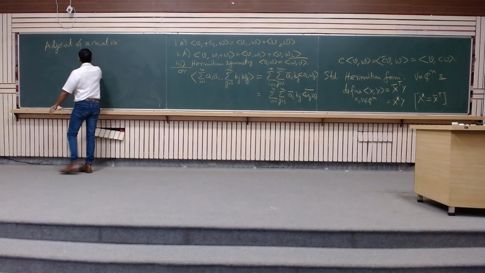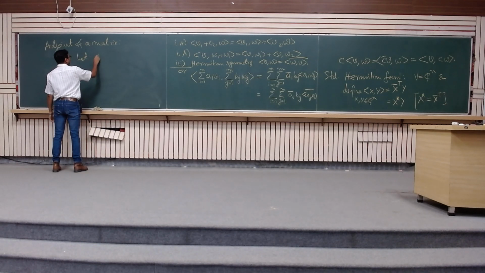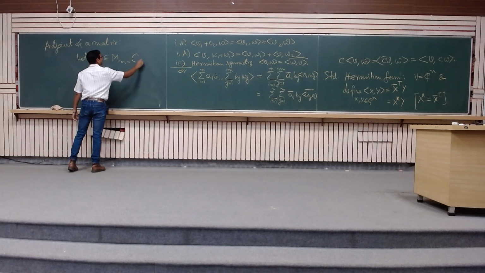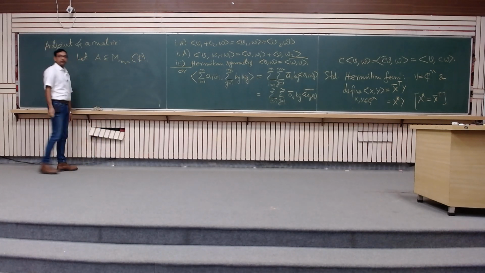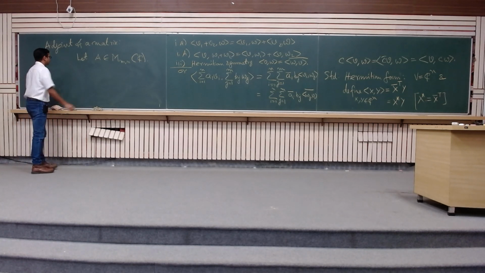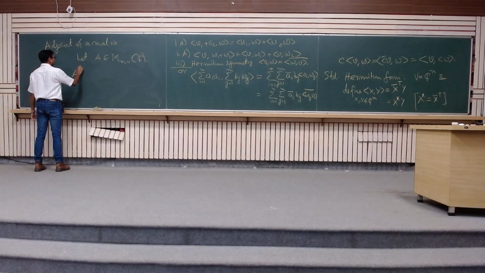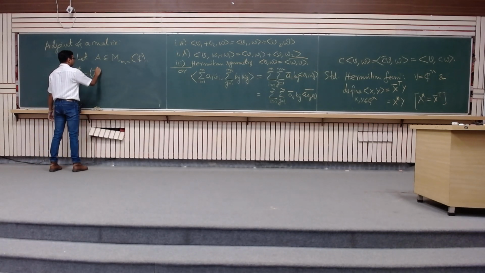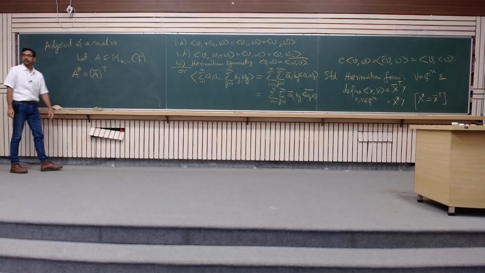Adjoint of a matrix. So let A be an element in M_{m×n}(C), some m cross n matrix with complex entries. Define the adjoint of A as A bar transpose.